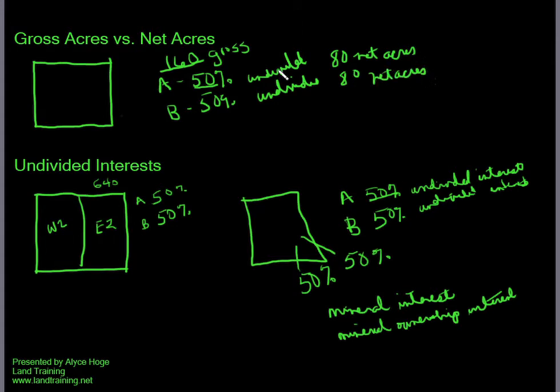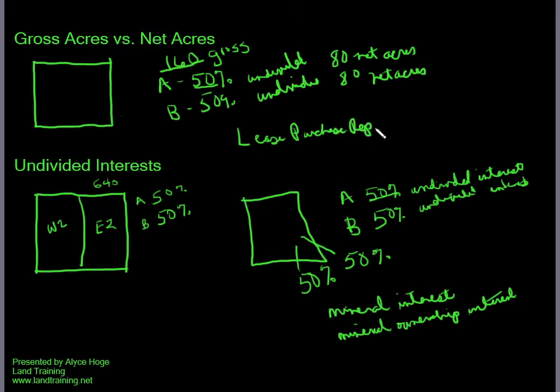Now, how do you know what the percentage of interest is, what the mineral interest is, if all you have is a lease that says 160 gross acres? Well, what you have to do is, when a landman submits, first of all, the landman runs the title, and when he submits the signed lease to the lease and title analyst department or the lease department, he has attached to it something called a lease purchase report.